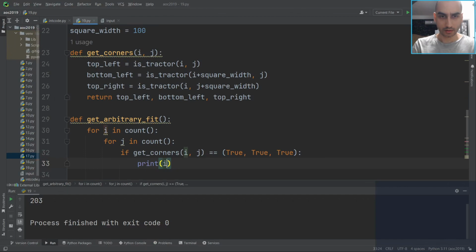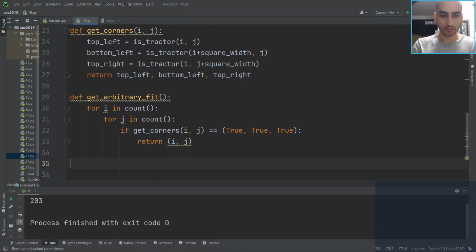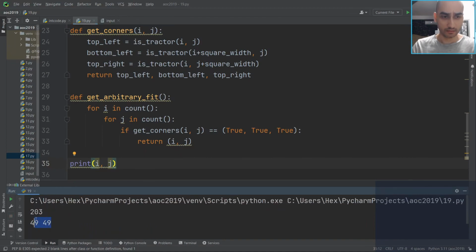Print ij, well, I don't know. Return ij. Print ij. Let's try running that. 4949.